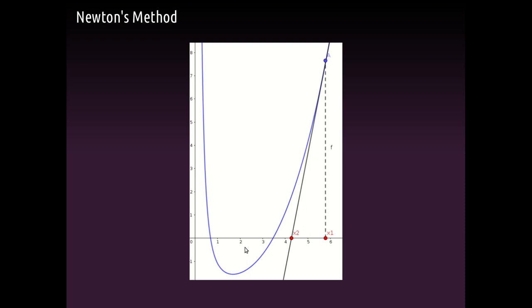So suppose that we need to find the roots of this function, that we need to find when this function f of x reaches 0. So Newton said that we can start at any random point, say x1, for instance, at this point, and we can draw a vertical line from this x1 up to the curve, which it meets at point A, and at this point we can calculate the derivative of the function at point A, or just the slope of this function at point A. And when this tangent line intersects the x-axis, it will reach a value called x2.